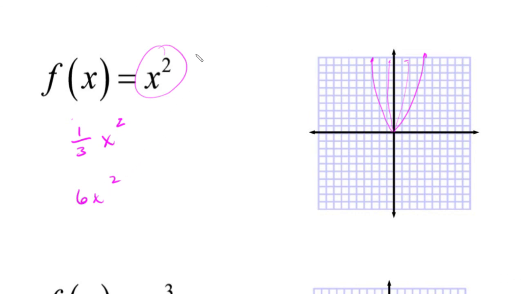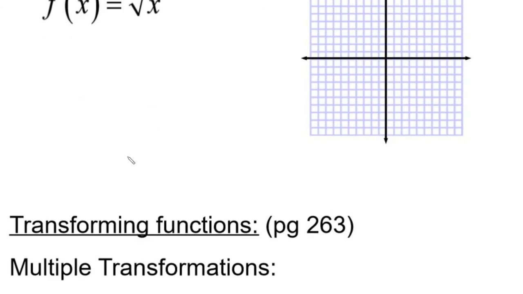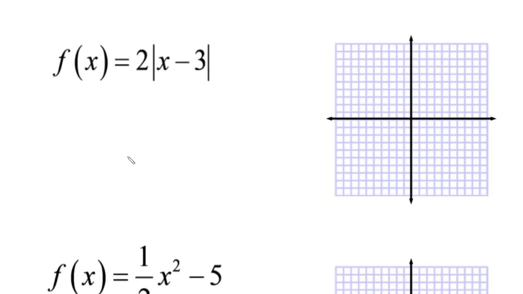So the same would be true here and here as well, okay? So multiple transformations. This is the important thing, and I'll try to get through this quickly. A number in front, remember, is responsible for making our graph wider and more narrow. It's bigger than 1, so it's going to get more narrow. You can call this narrower by a factor of 2.